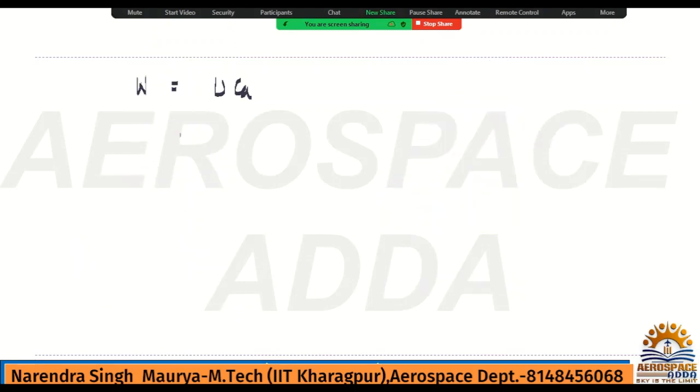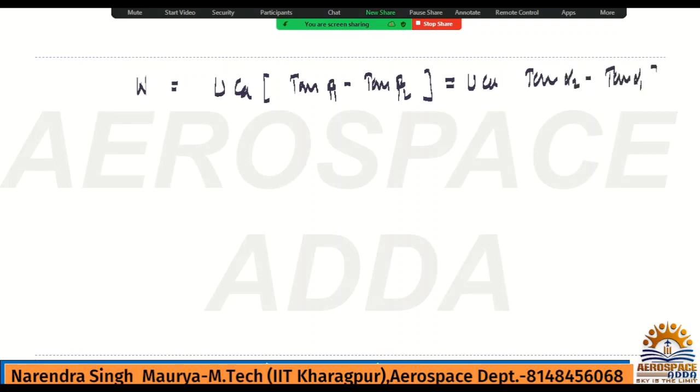It is U CA into tan beta 1 minus tan beta 2. This is the formula. Or you can write this work in terms of alpha also: U CA into tan alpha 2 minus tan alpha 1.